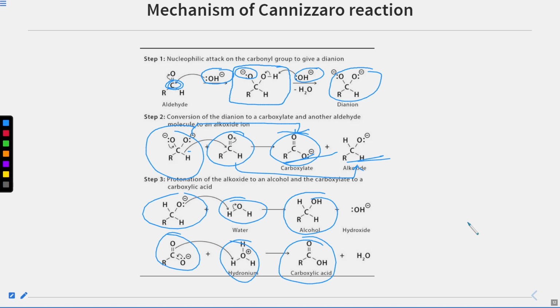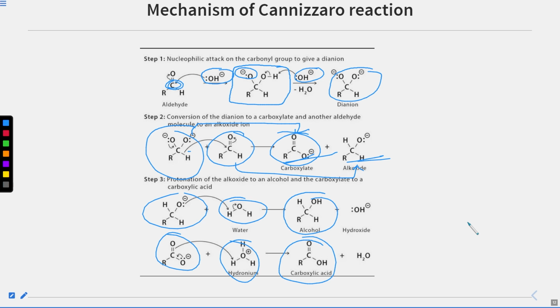Further, we have seen three types of aldol reaction: self, crossed, and intramolecular. In self aldol condensation, we do not have any problem. We have seen some mechanism, but in crossed aldol condensation or aldol reaction, you must decide which substrate to deprotonate. So we take two types of substrate, two types of aldehyde and ketone.